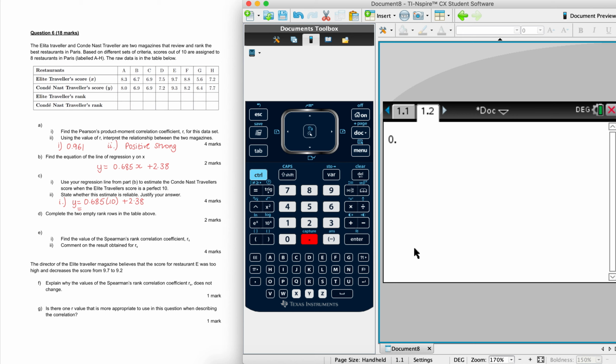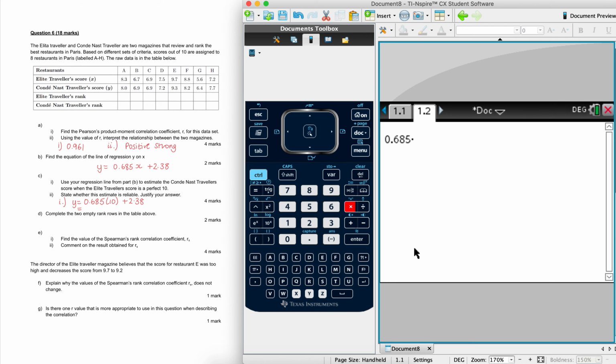So 0.685 times 10. And then I'm adding on 2.38. So the answer there should be 9.23.